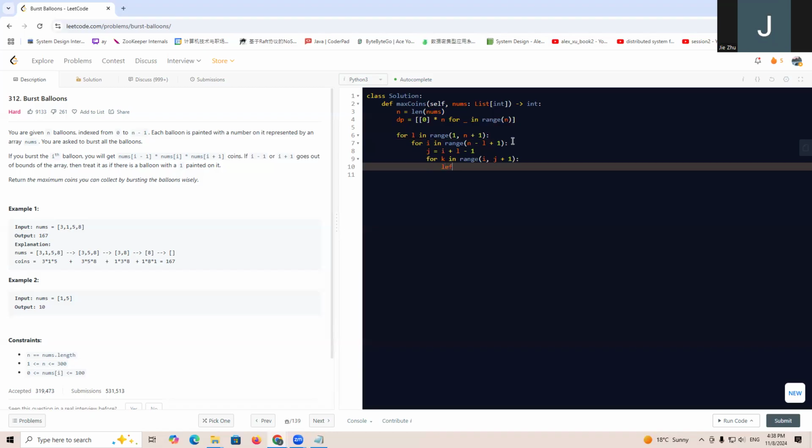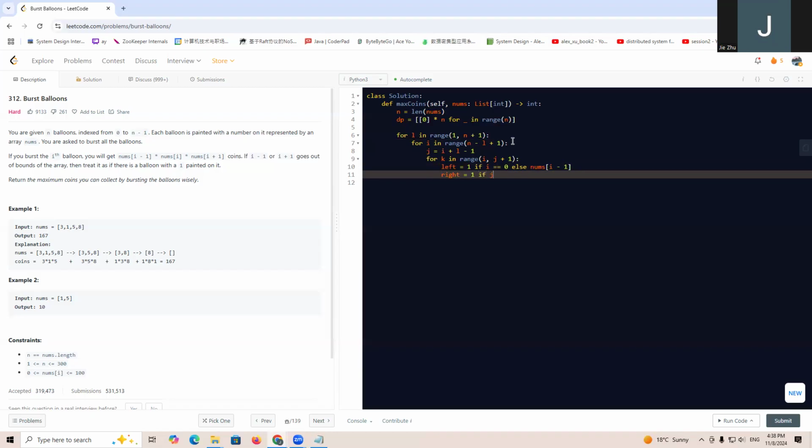For example, we have left equals 1 if i equals 0, else nums[i - 1]. Right equals 1 if j equals n minus 1, else nums[j + 1]. So current will be left multiplied by nums[k] multiplied by right.